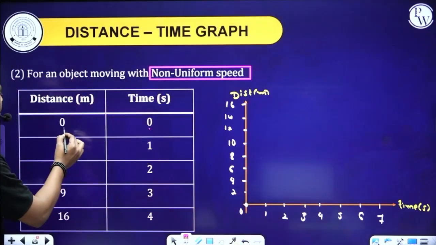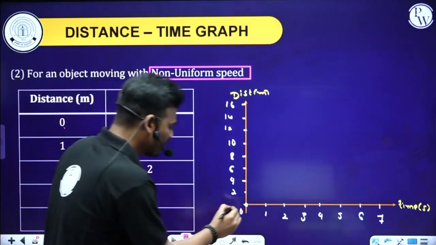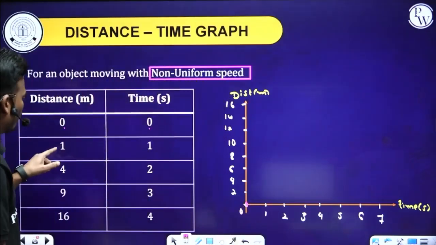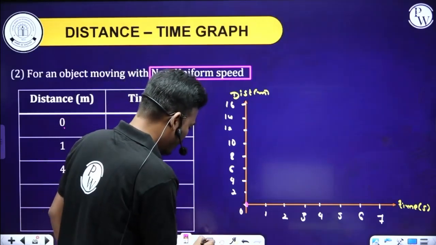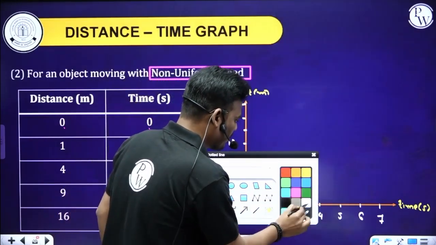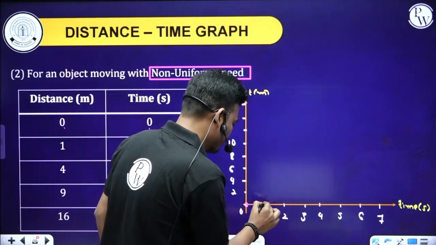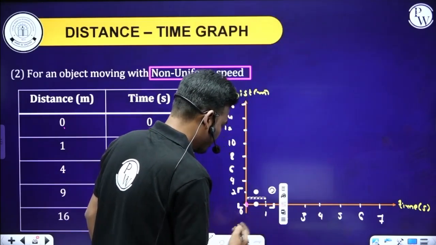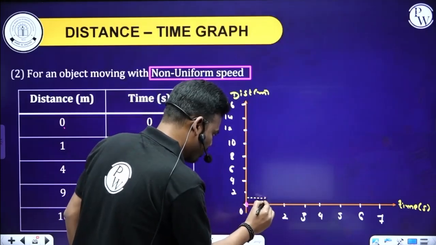At 0 seconds, distance is 0 meters. This point. Now at 1 second, 1 meter. This is 1 second, and this is 1 meter. Okay, fine. So this is the second point.